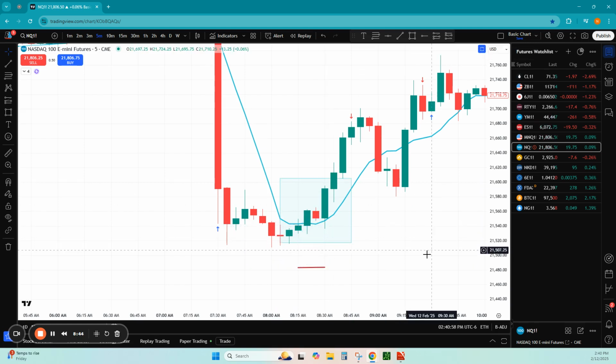Now, what I've found, and what I'm working on improving upon, is that after the first break, oftentimes there will be a retracement. And this retracement candle will get taken out. So you don't want to trail the stop too close. You really want to let price develop.